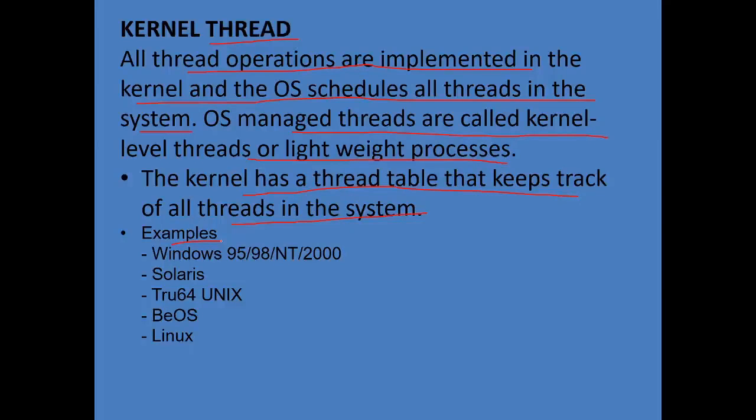Examples of systems which operate on kernel thread generation: Windows 95, 98, and Solaris. These are a few operating systems which operate on kernel threads.